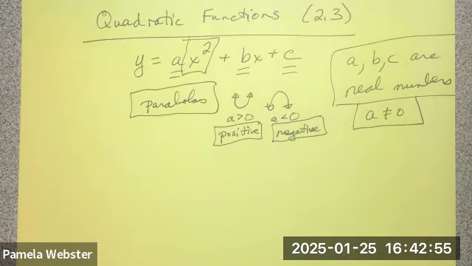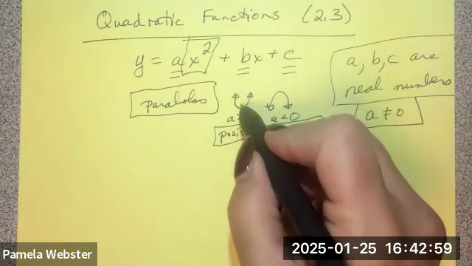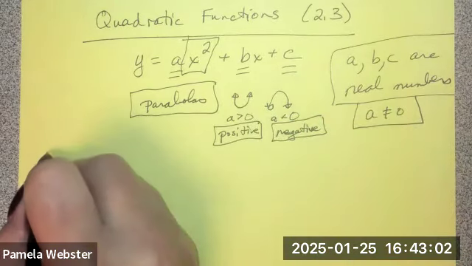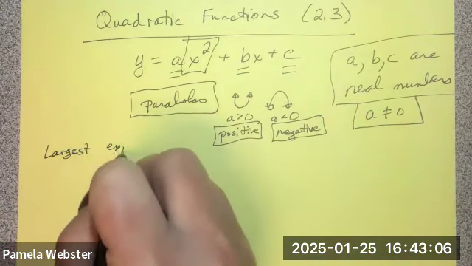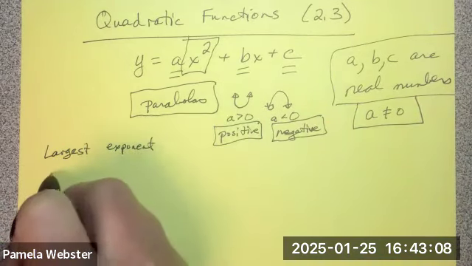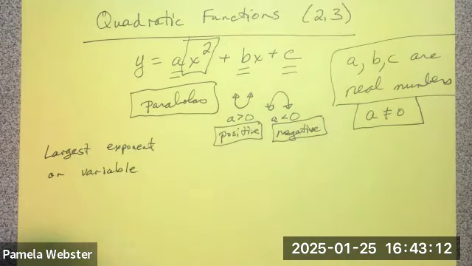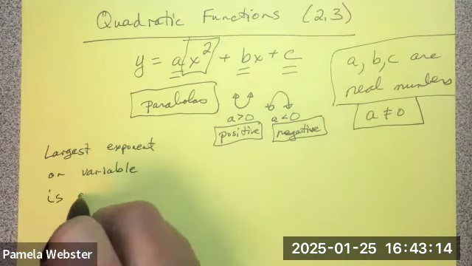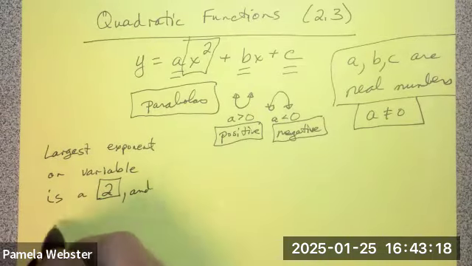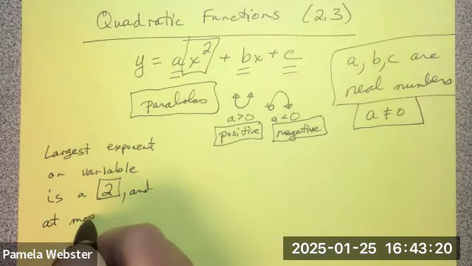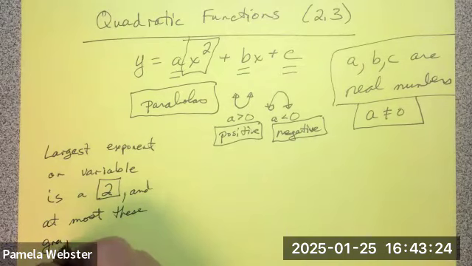What we're going to be looking for as we work through this is that the largest exponent on the x, or any variable that we have, but normally we deal with x, is a 2. And at most, these graphs go in 2 directions.